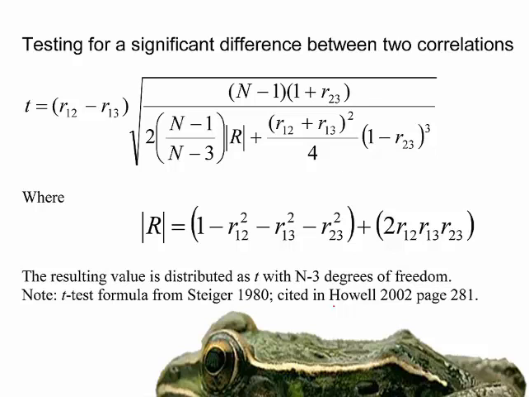The key thing to note when using this formula, whether you're doing this by hand or if you're using the R version, is to note how these correlations have been labeled. So here it says T, we're going to get a t-test for a difference between two correlations, and I'm going to call these correlations r with a subscript 1,2, and r with a subscript 1,3. So I have correlation 1,2 and correlation 1,3.